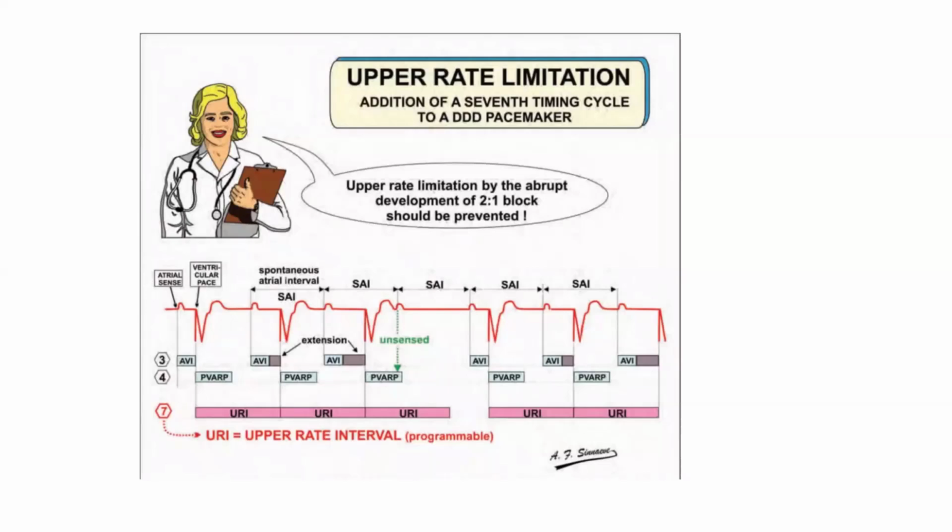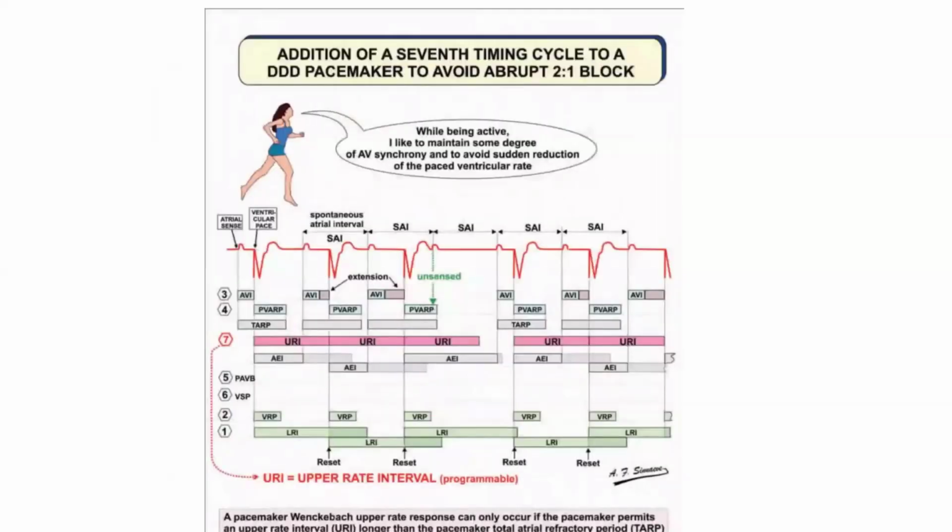But remember, if you want to make this better for the patient, you can improve his tracking rate. This is another example of the pacemaker Wenckebach, the upper rate interval, which I can program. It causes prolongation of the AV delay till one beat is not conducted.